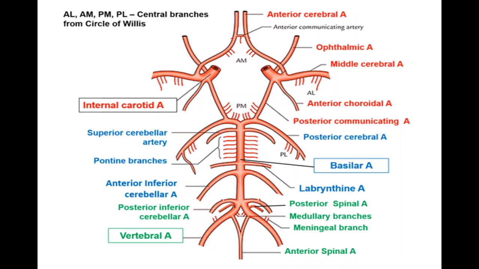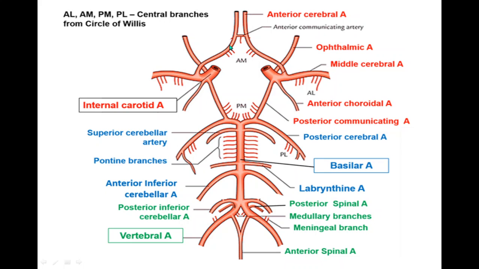Now the two terminal branches of the basilar artery are the posterior cerebral arteries, which supply the cerebral hemisphere. These two posterior cerebral arteries are connected to the internal carotid artery through the posterior communicating artery. The other branches from the internal carotid artery are the anterior cerebral and middle cerebral arteries.